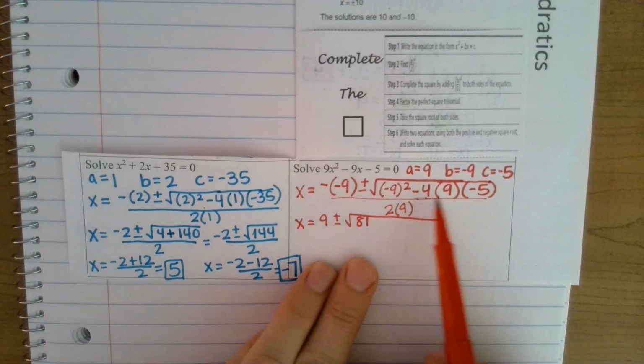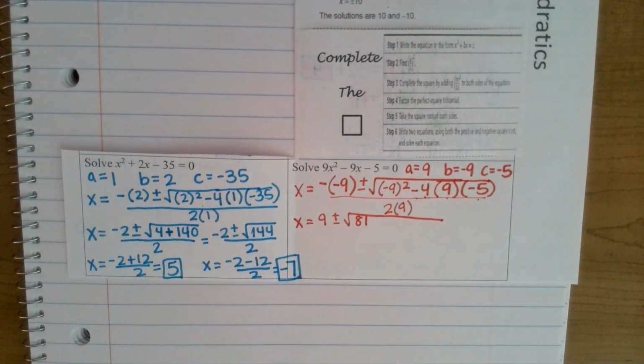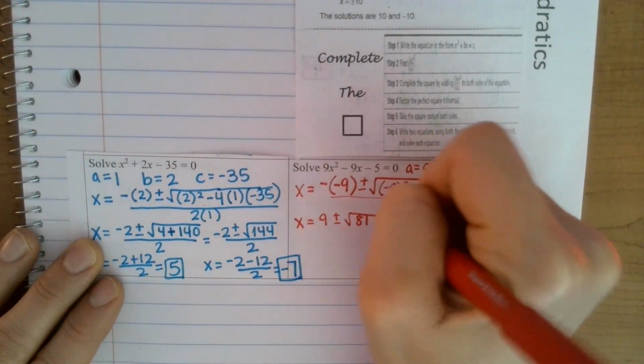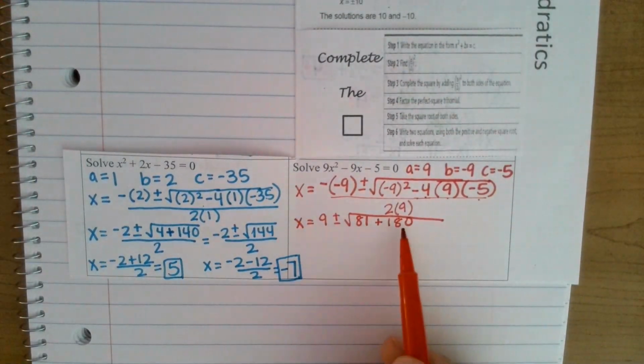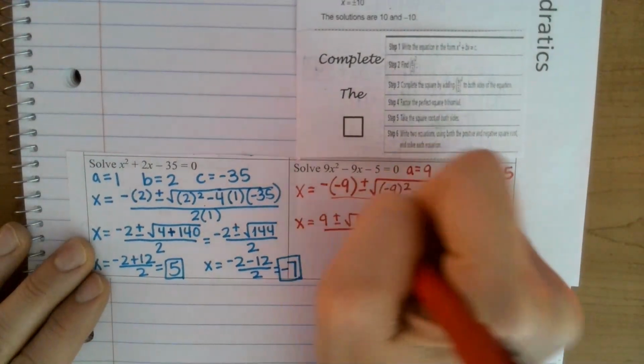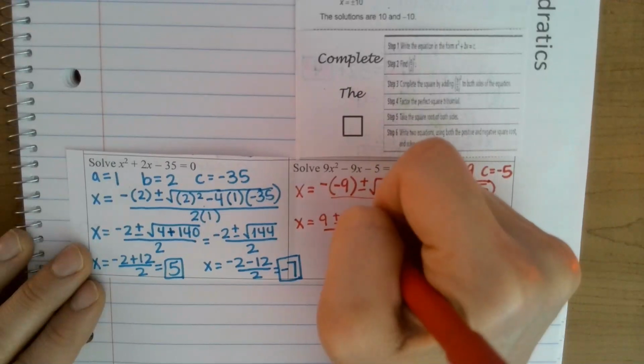So what's negative 4 times 9 times negative 5? So 180. So if it's positive 180, we're going to add it. So remember, these two values you either add or subtract. If it's negative, you would subtract. And then do your denominator. What's 2 times 9? 18.